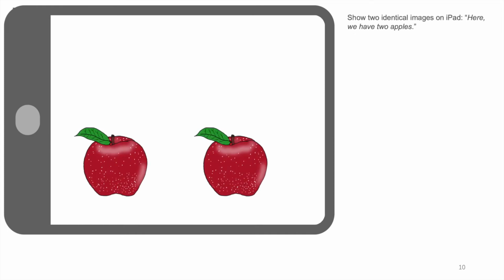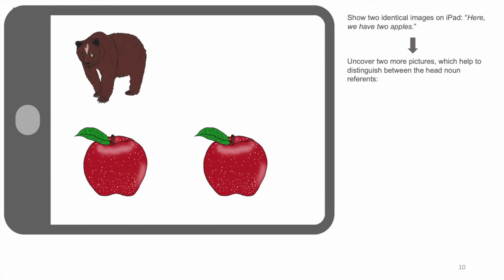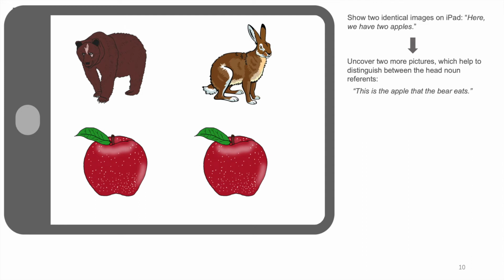At first, the experimenter showed 2 identical images on an iPad and introduced them. Here we have 2 apples. Then 2 more pictures were uncovered, which helped to distinguish between the head noun referents. This is the apple that the bear eats. This is the apple that the hare eats.